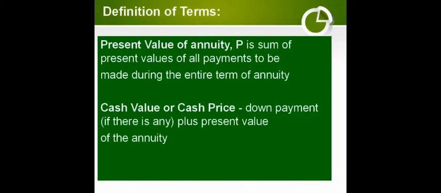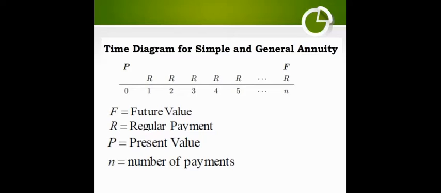Now let's proceed to the time diagram for simple and general annuity. The capital letter P here in our time diagram is our present value. And then our F, sa right side natin, that is the future value.